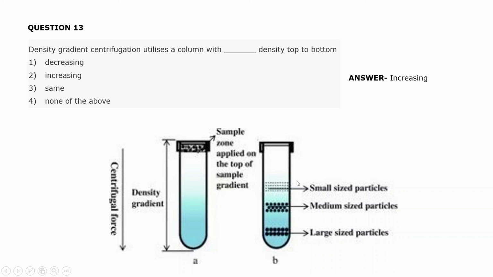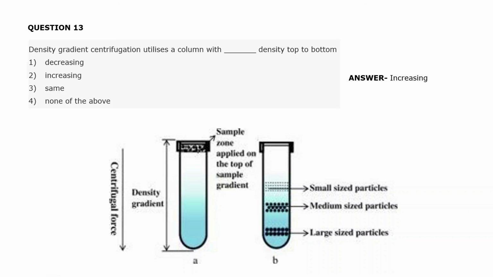So if it has a density of about 1 gram per ml, then the particle will also have a density of about 1 gram per ml. If the sucrose layer has a density of about 1.2 gram per ml, then the particle here will also have a density of 1.2 gram per ml. So a large size particle, if it has 1.3 or so, then it will have a density of 1.3 gram per ml. So it happens like that.